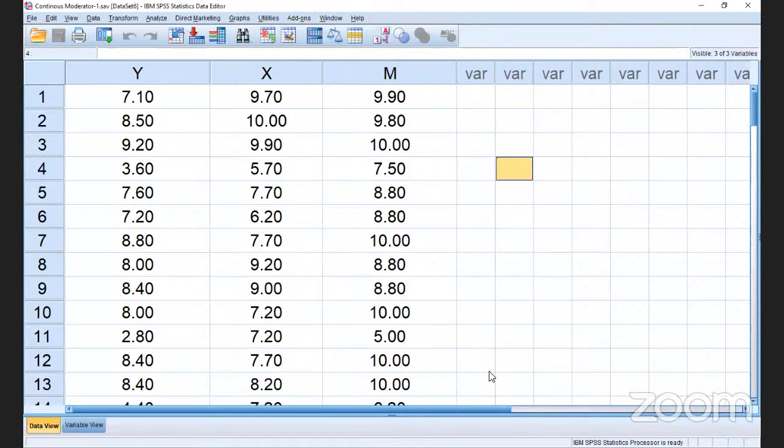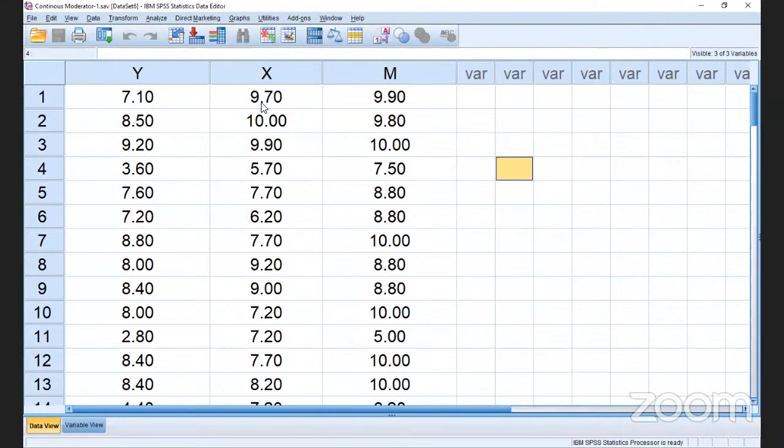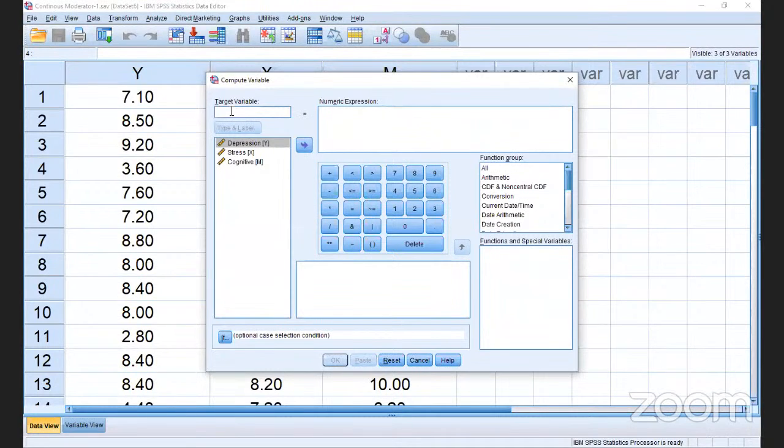Now we will create the interaction term. How to create the interaction term? Transform, compute variable, and target variable. Here I am writing the new variable name, that is interaction.